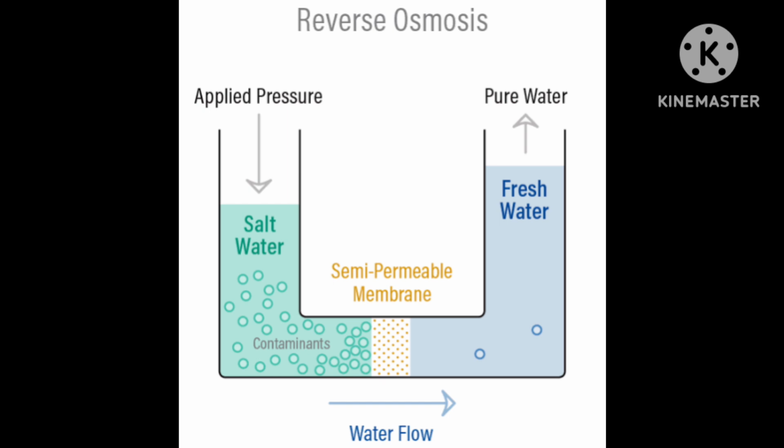After that, when it filters, from the salty water side, the ordinary type of water, only solvent molecules pass through the semi-permeable membrane. They come towards the pure water side, which you are collecting and drinking.